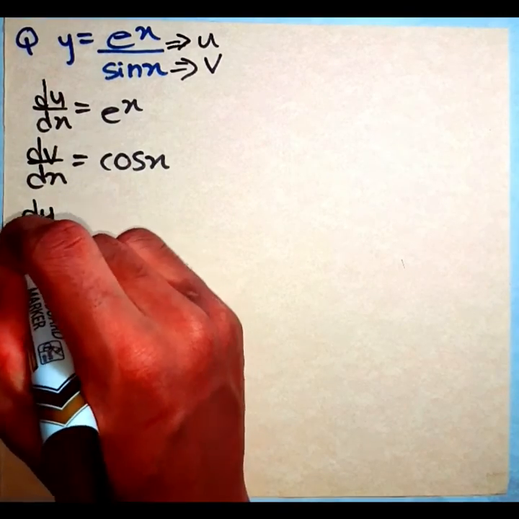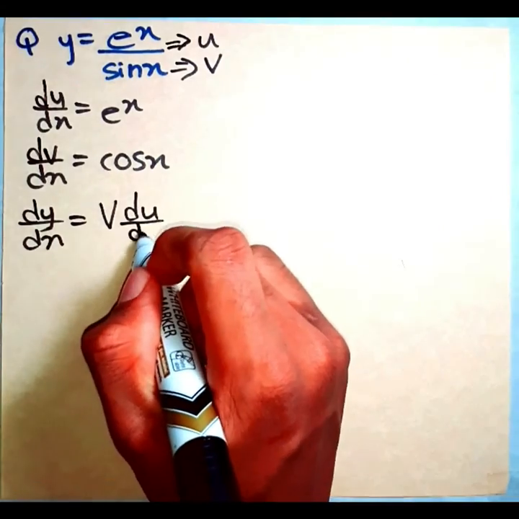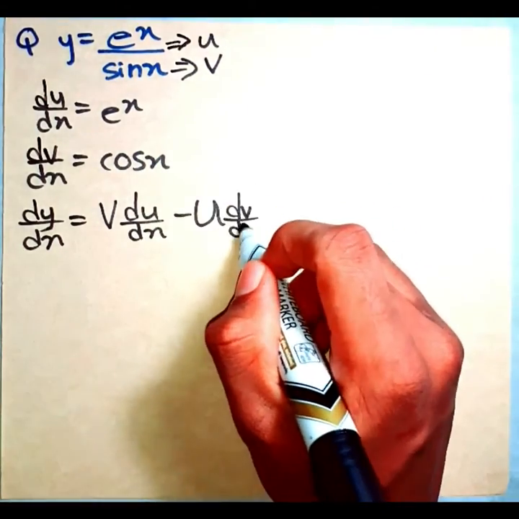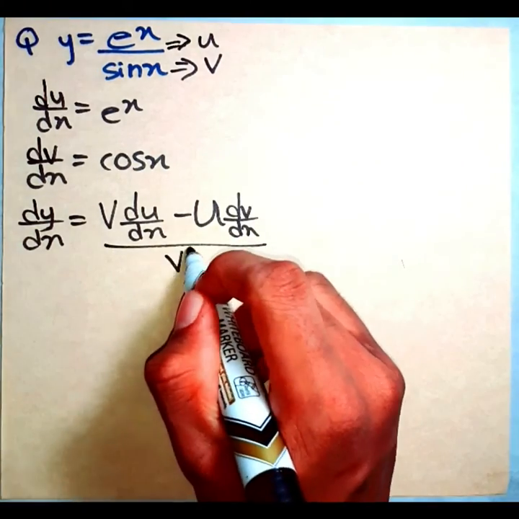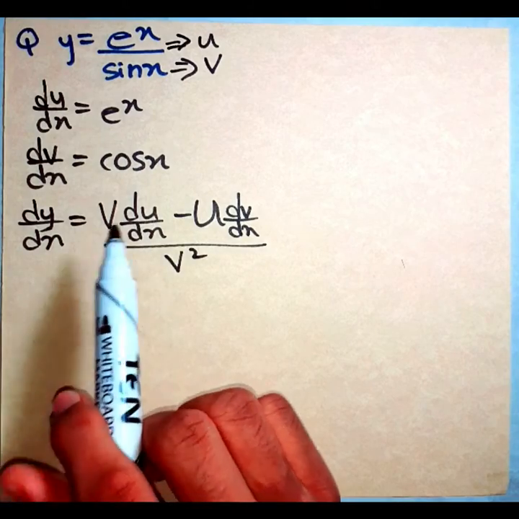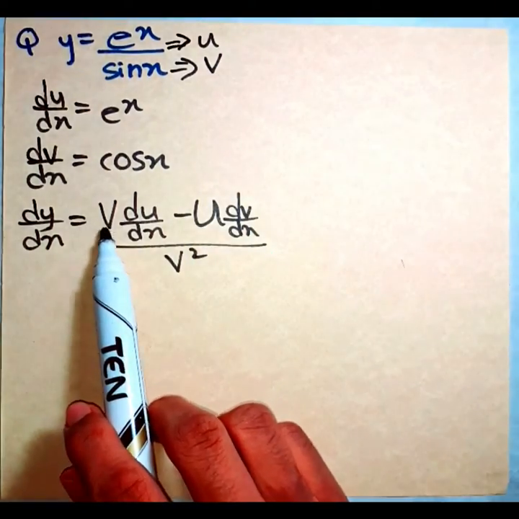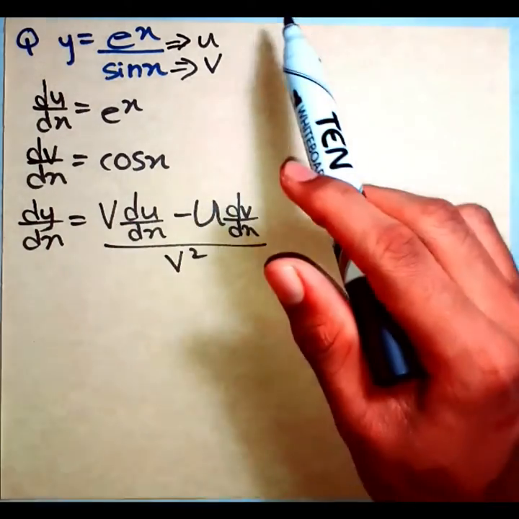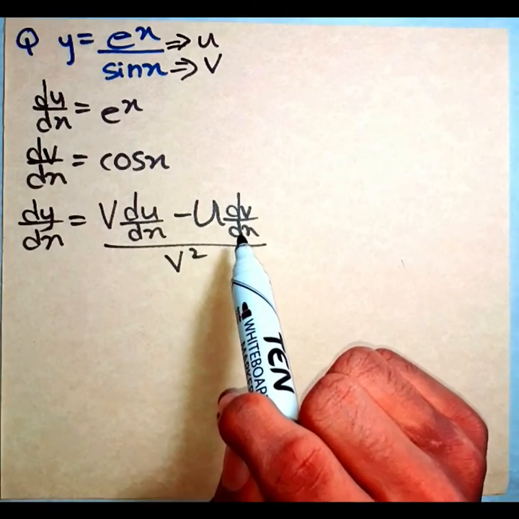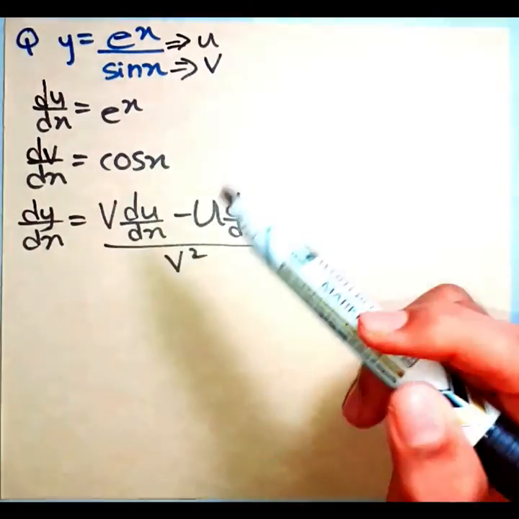So dy by dx is going to be v du by dx minus u dv by dx divided by v squared. An important thing to keep in mind is that in the general equation, the v comes first, then the differentiated version of the top term, minus u multiplied by dv by dx, and you divide everything by the bottom term, which is v squared.